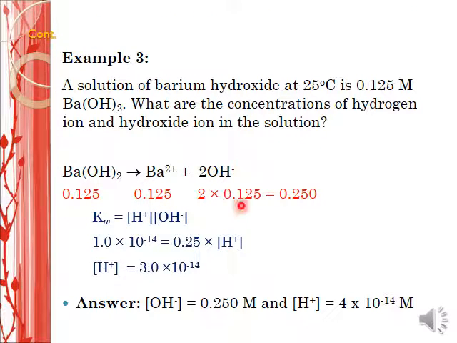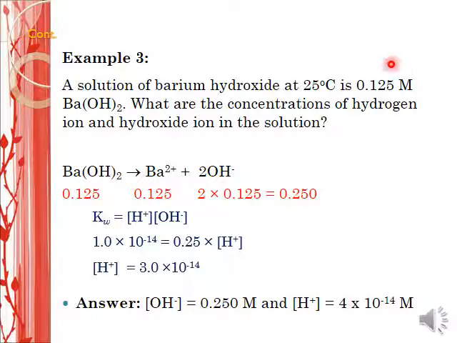Alright, the third example here is barium hydroxide, and this is the concentration of barium hydroxide. You are asked to calculate the concentration of hydrogen ion as well as hydroxide ion. Again we write the dissociation of barium hydroxide solution. You get barium 2 plus and 2 hydroxide, balanced.